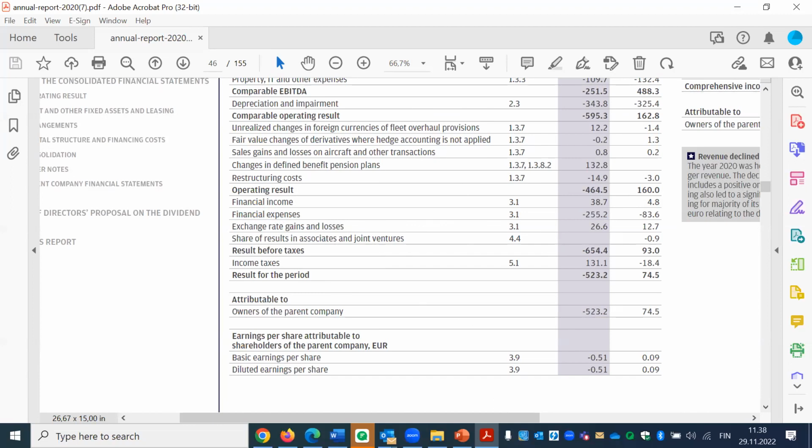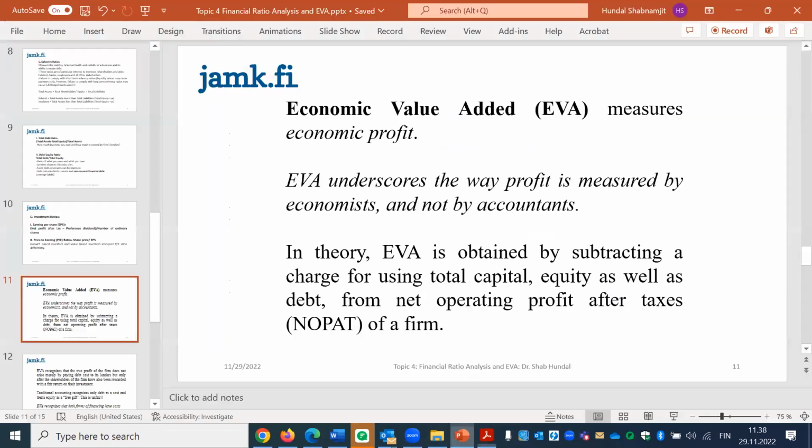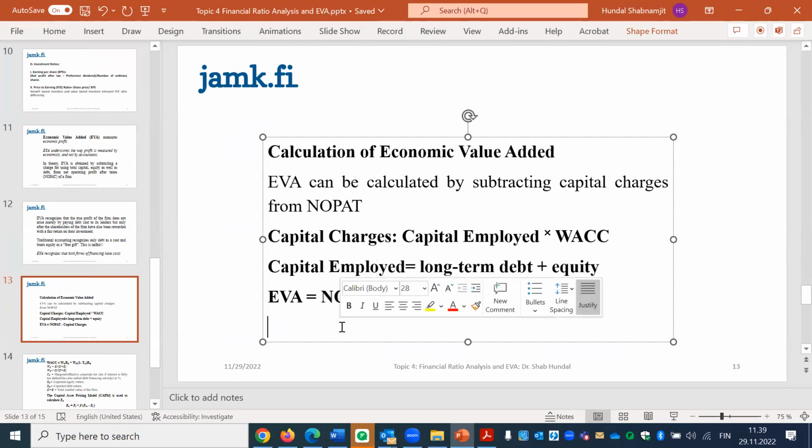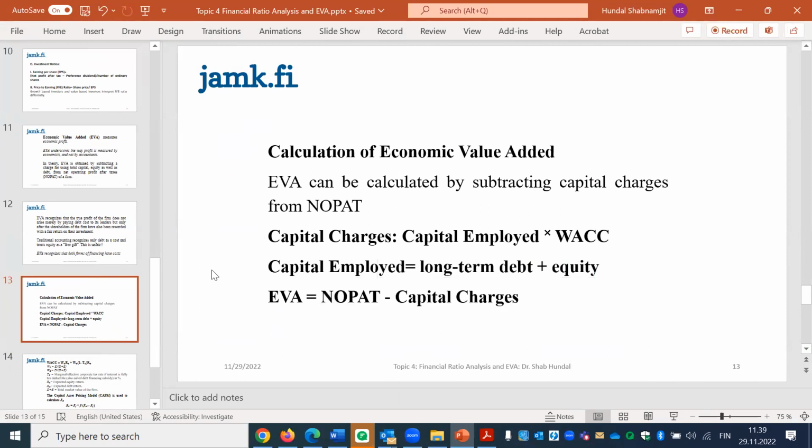And the way it is calculated is quite simple. EVA is calculated as net operating profit after tax. We call it NOPAT. You know what operating profit is; we have discussed it so many times now.